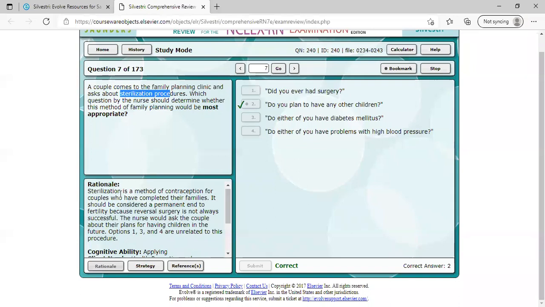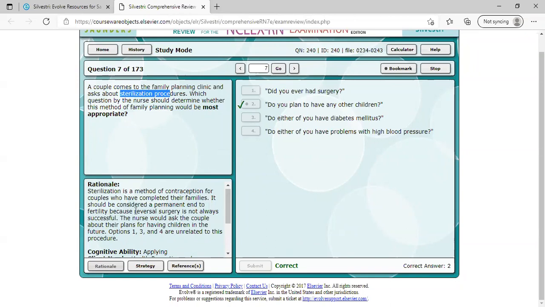The rationale said sterilization is a method of contraception for couples who have completed their families. So we have to make sure they have at least 2 babies and they do not have any plan to have a baby in the future.